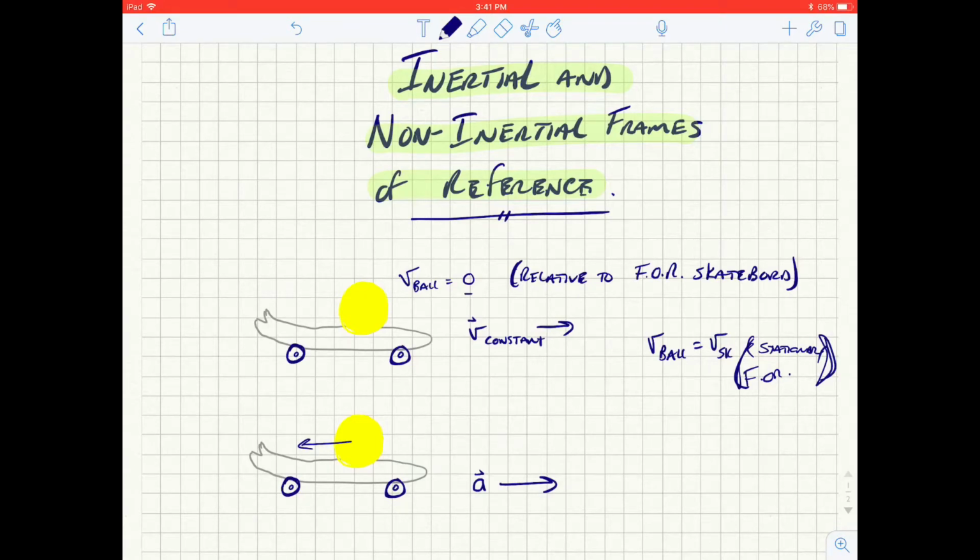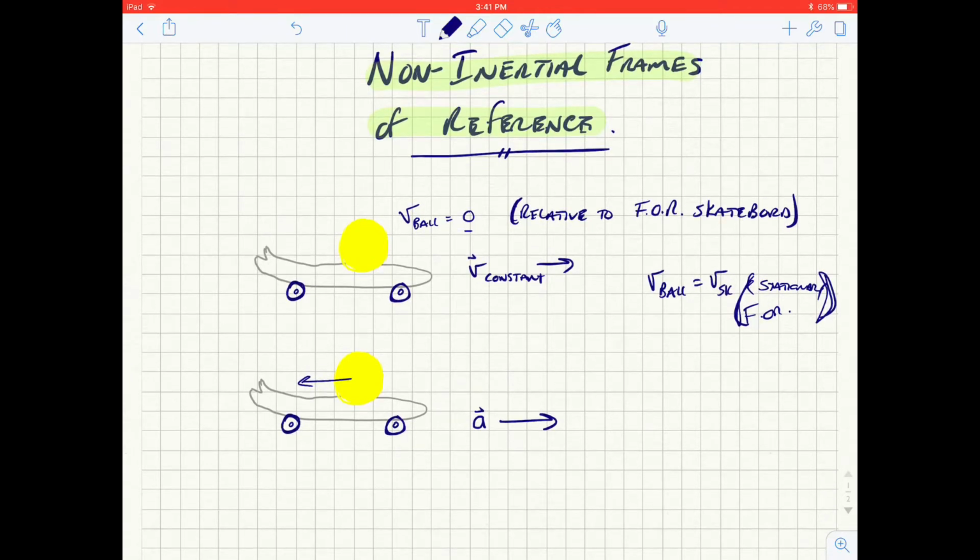What happens though if that frame of reference is accelerating? A frame of reference that is accelerating we call a non-inertial frame of reference.